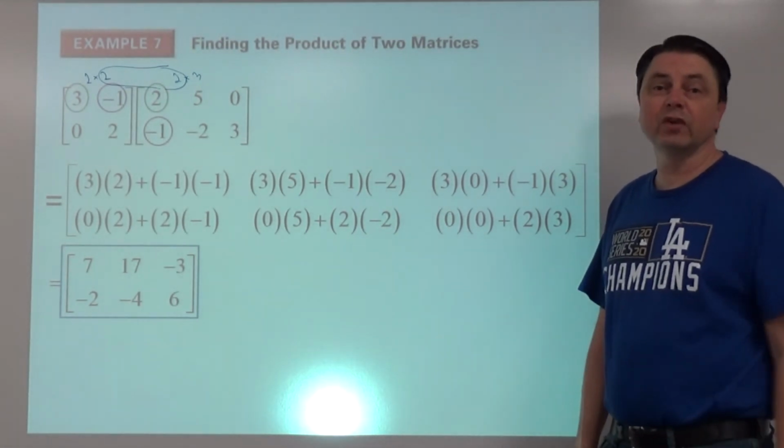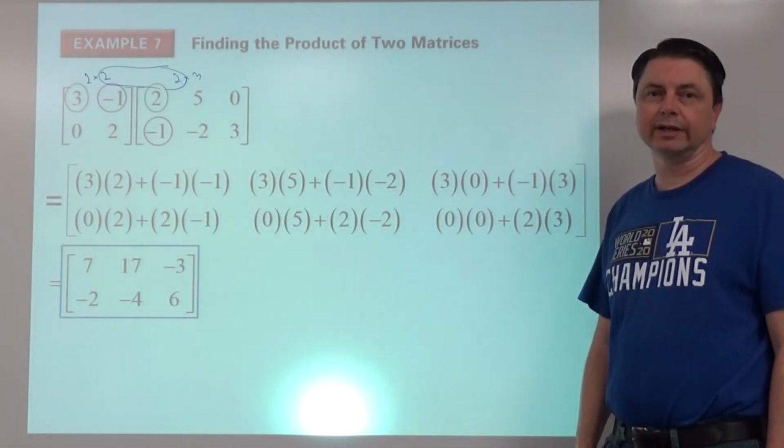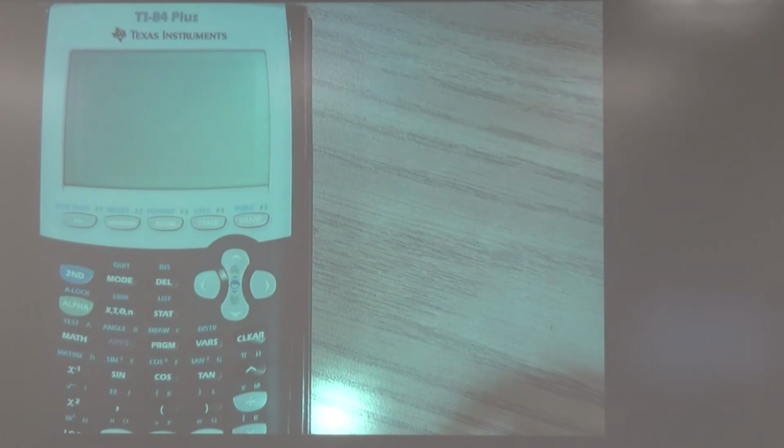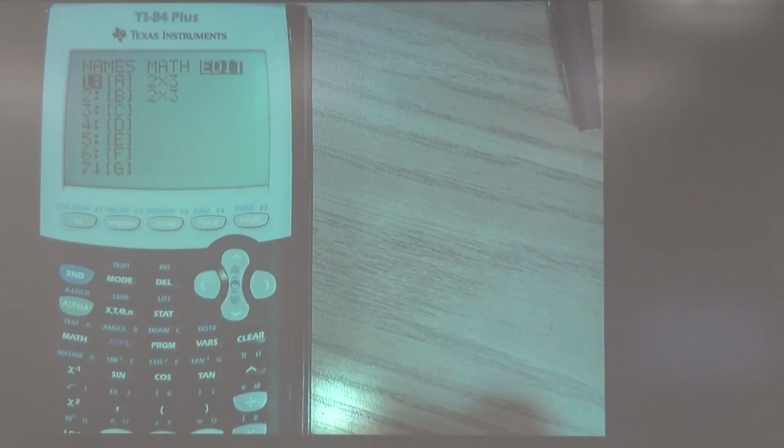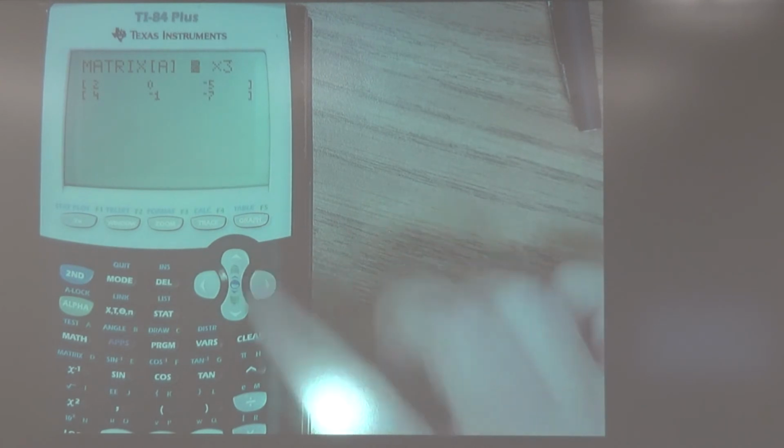Let's go ahead and confirm that in our graphing calculator. We're going to go back to matrix, and we are going to edit matrix A. We want that now to be a 2 by 2, as our first matrix was 3, negative 1, 0, 2.